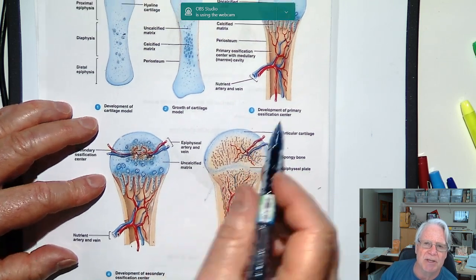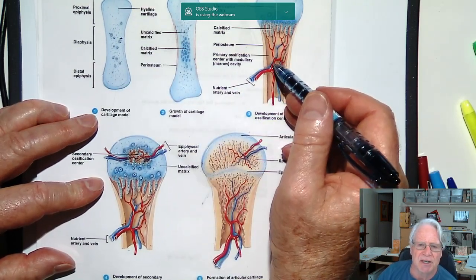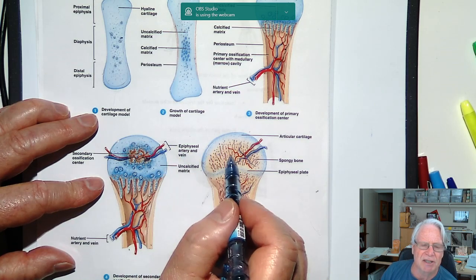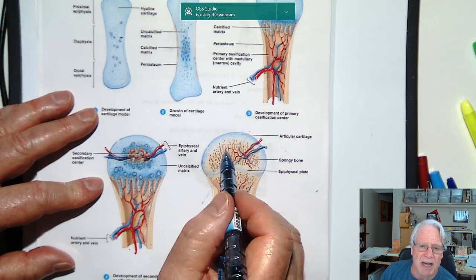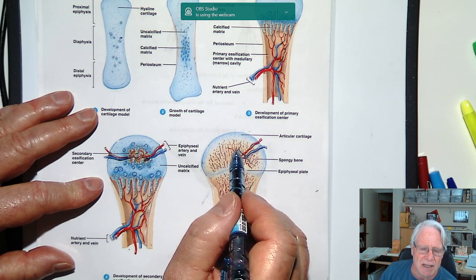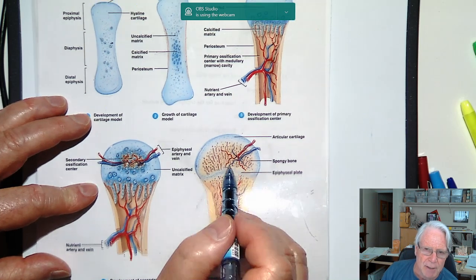The difference between this process, that is the primary ossification center, and this process, which is being pictured here as the secondary ossification center, is that we will not remove the spongy bone. So there will be no cavity built in the ends of the bones, and that spongy bone will remain there.